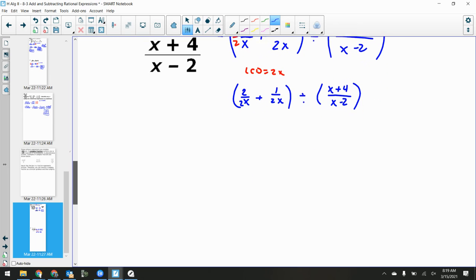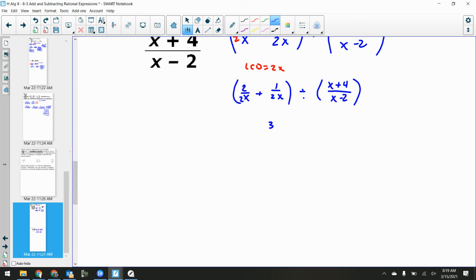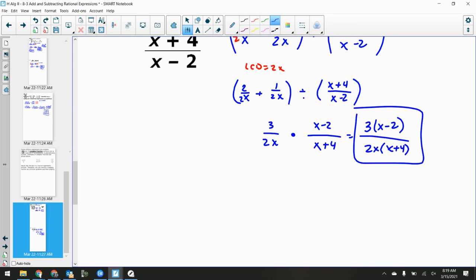And then we can add that together. So 3 over 2x. I'll start keep, change, flip now. Keep, change, flip. Nothing cancels? That's a bummer. That's okay. So we're going to have 3 times x minus 2 over 2x times x plus 4. You don't need to multiply that together. We can leave it like that.